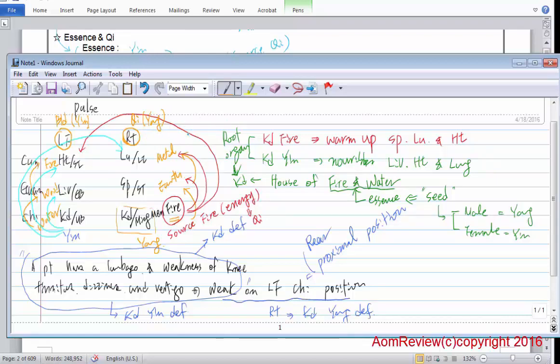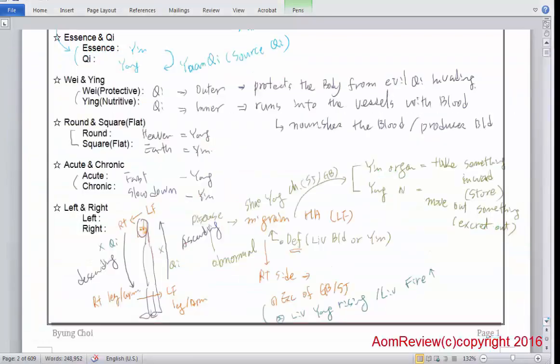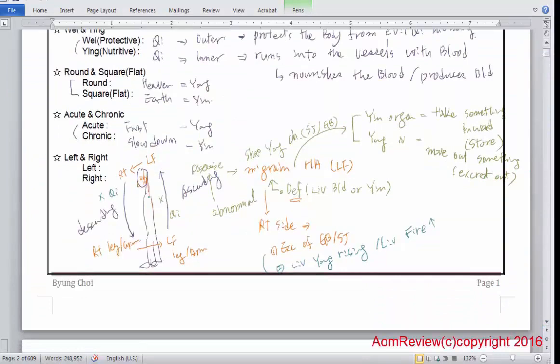But in general, in chi direction, the avenue of the chi from the previous lecture, in our planet, energies usually go up on the left side. When going up, it uses the left side, and when going down, it uses the right-hand side of our body.